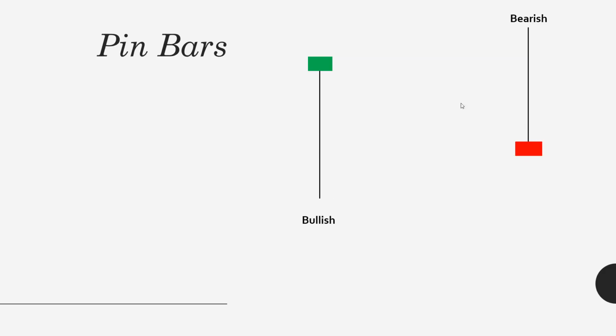Now, it's very important that you see the long wicks. That is what makes it a pin bar. Now, a bullish pin bar indicates that the next bar will also be bullish. A bearish pin bar indicates that the next bar will also be bearish.